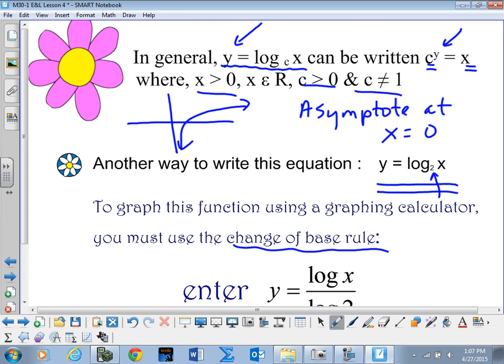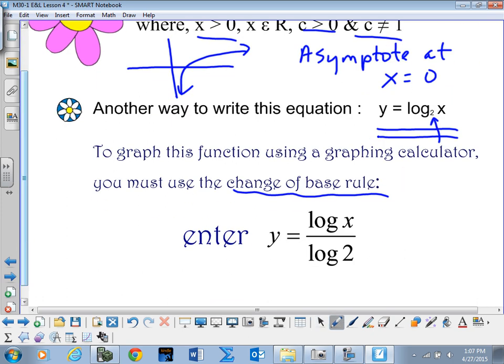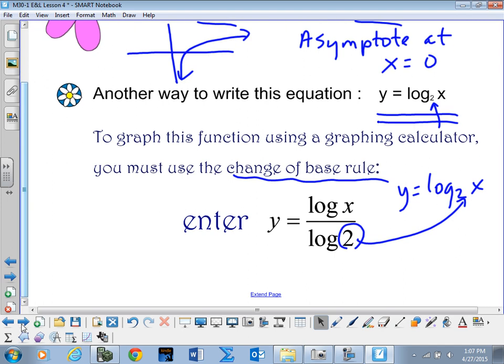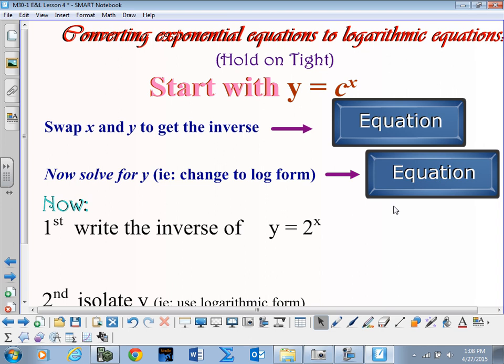If we wanted to evaluate log base 2 of x on our calculator, you ignore the subscript and type in log x over log 2. Both of these are base 10 because that's what our calculator calculates. I don't want you to get too concerned about change of base. I am going to show you that in many examples that are coming up. Let's move on.